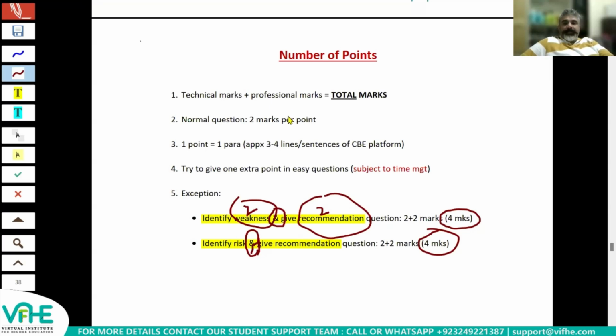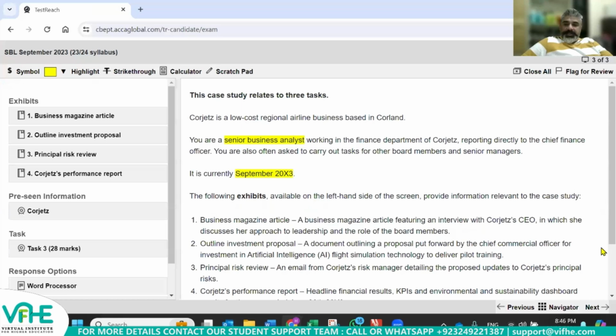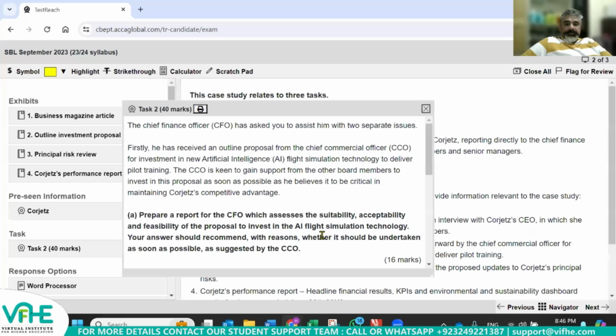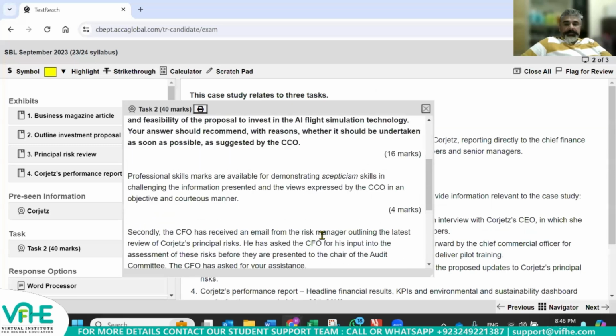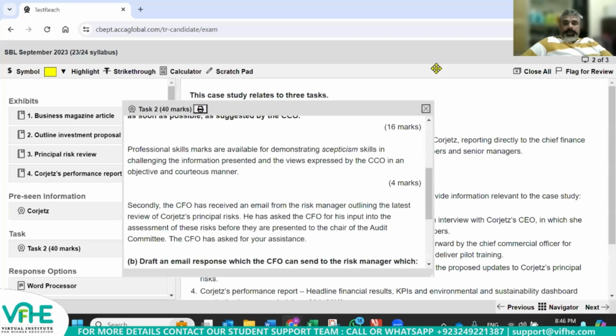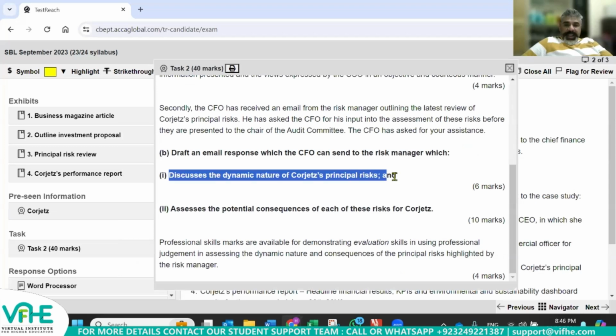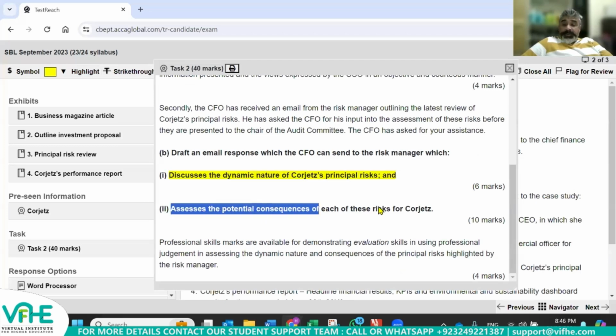Let's see an example. I think question number 2 was like that. 2B: draft an email on the dynamic nature of principal risks and assess the potential consequence of each of these risks. Oh, this is a different kind of question. Anyways, let's assume that it says give recommendations, just for argument's sake.